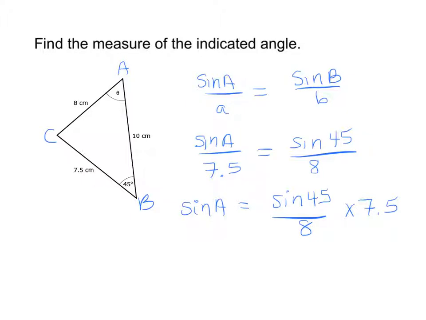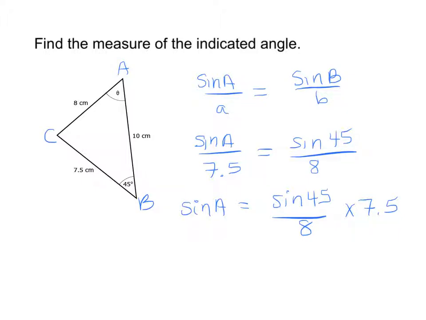No, what do I have to do? Think back to when you were finding angles with regular right angle trig. What do you have to do on your calculator? Oh, the negative? Right, you have to do second sine. Because if I just put all this in, the sine 45 over 8 times 7.5, that tells me what sine A is equal to. I want to know what A is equal to, so do the inverse sine of all of that stuff.